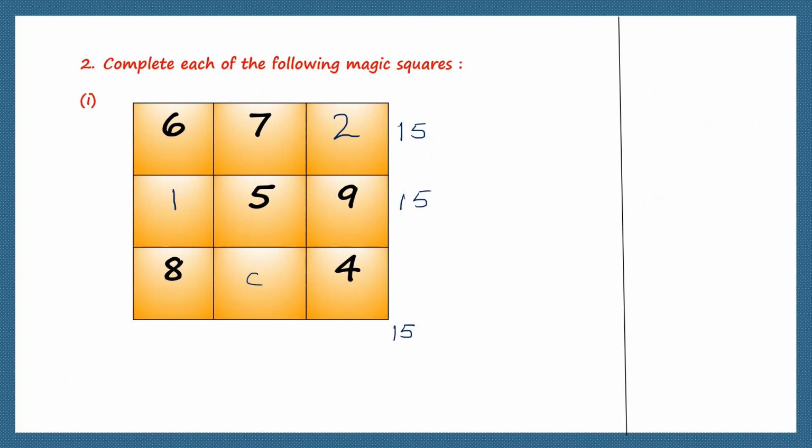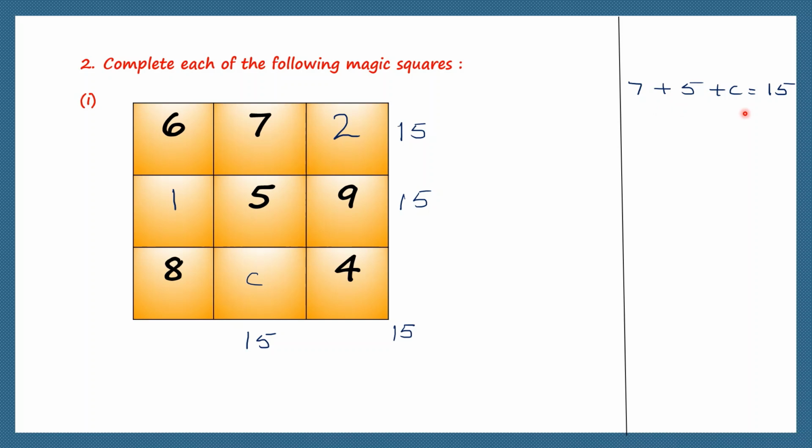Now we need to find the value of C. So that is 7 plus 5 plus C should be equal to 15. Now you can also do it in your mind. 7 plus 5 you know is 12. 12 plus what will give us 15? 12 plus 3. So you can do it in your mind or you can work out like this.